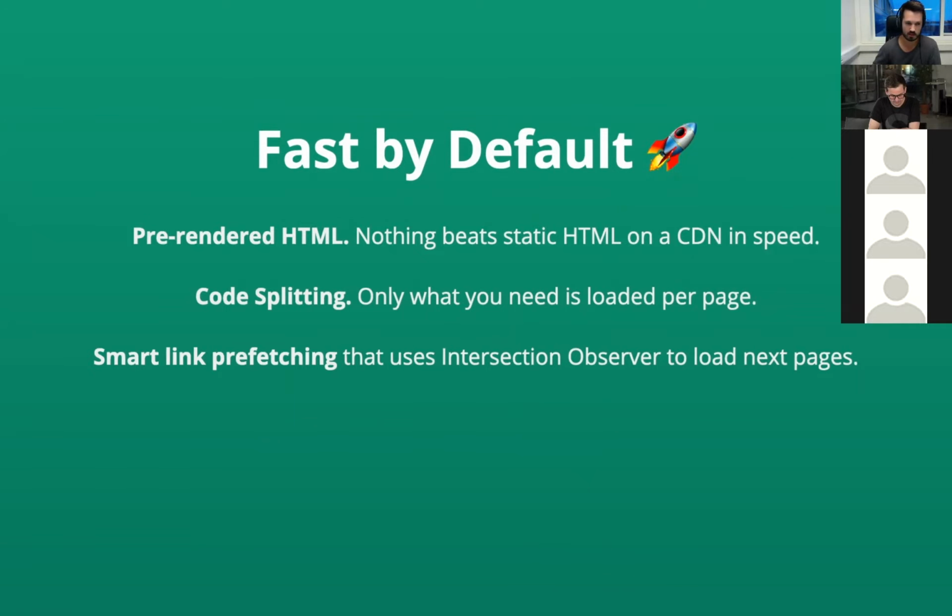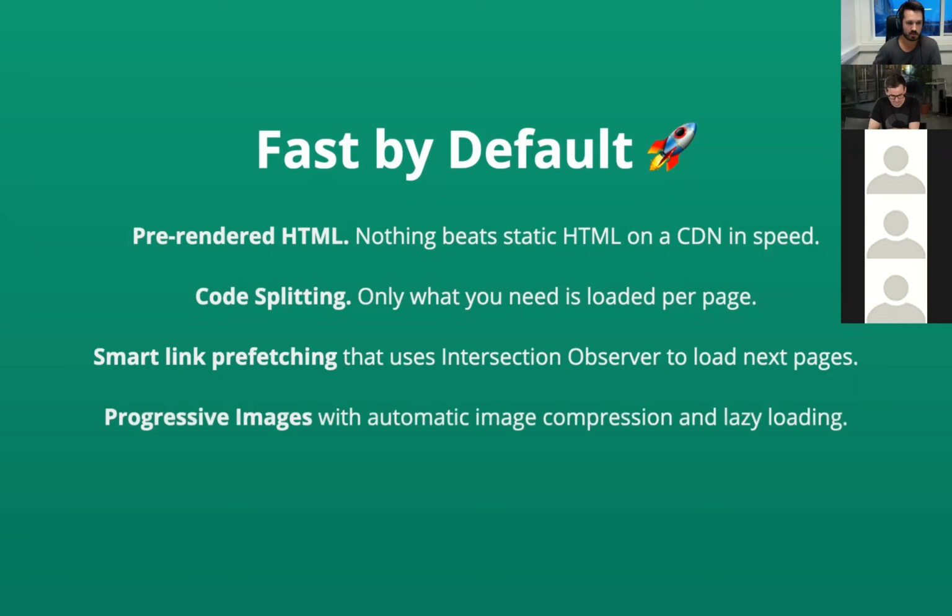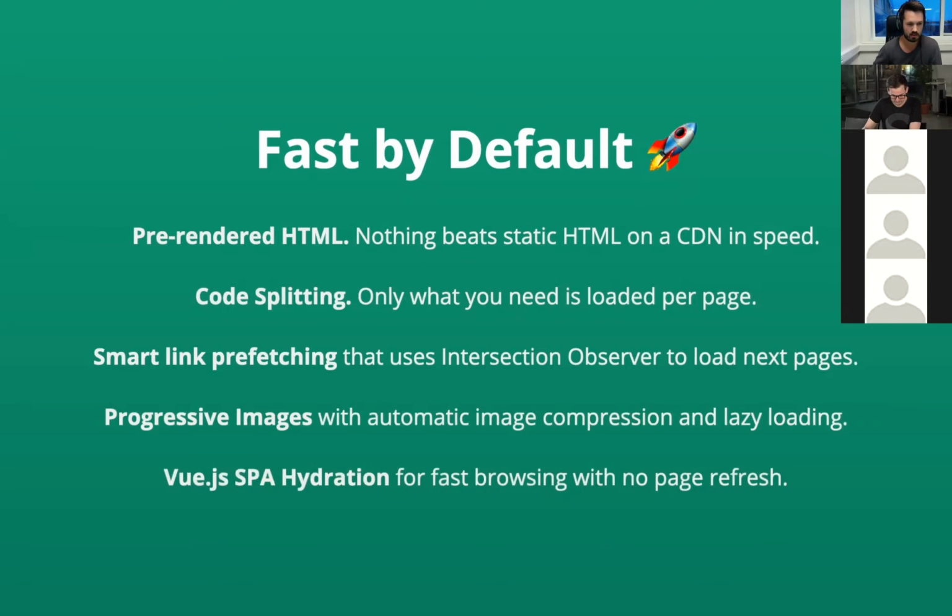This is stuff that Gatsby does also. Progressive images with automatic image compression and lazy loading. I will tell a bit more about that later. It's a bit different than how Gatsby does it. And Vue single page application hydration for fast browsing with no page refresh.